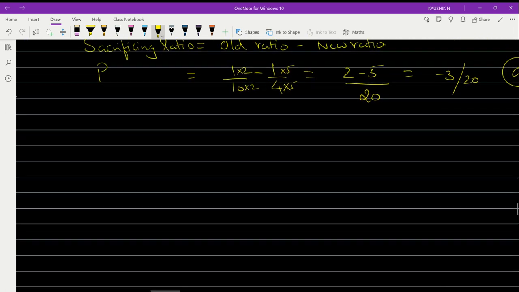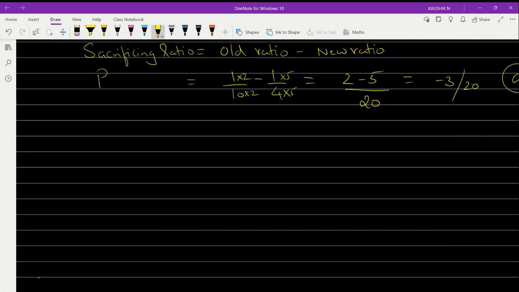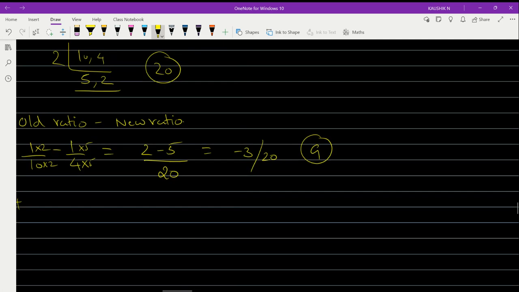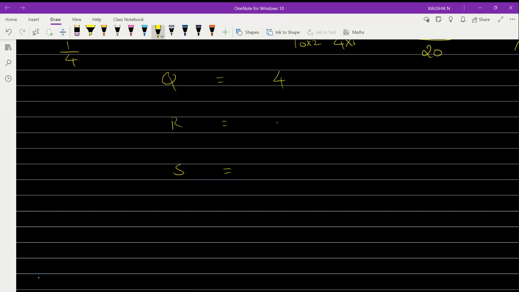Now, in the same way, you can calculate for Q, R and S. So 1, 4, 3, 2, right? It was 1, 4, 2, 3. Yeah, 1, 4, 2, 3.